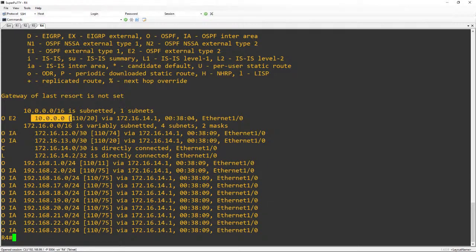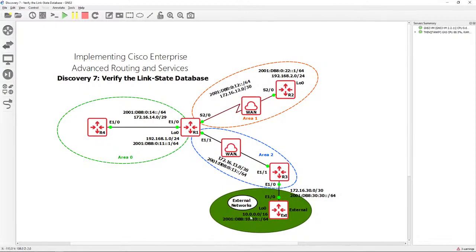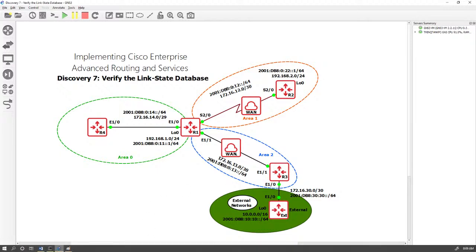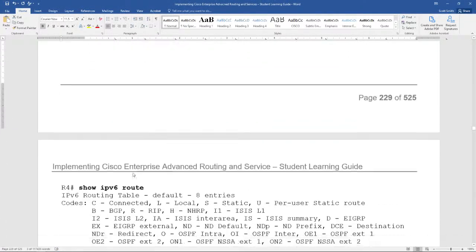The external network is the 10 network. And again, that's kind of what we expect here. There's the 10/16 subnet. So that's being redistributed into OSPF. So from a routing table perspective, we are definitely seeing the routes that we would expect to see. Okay?